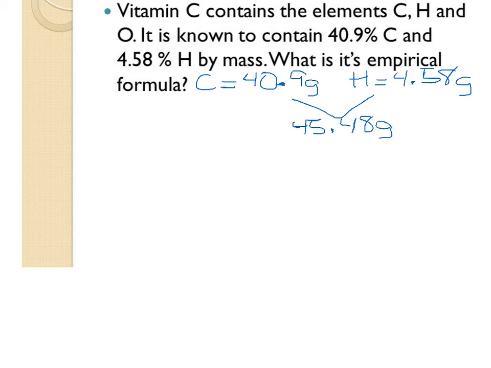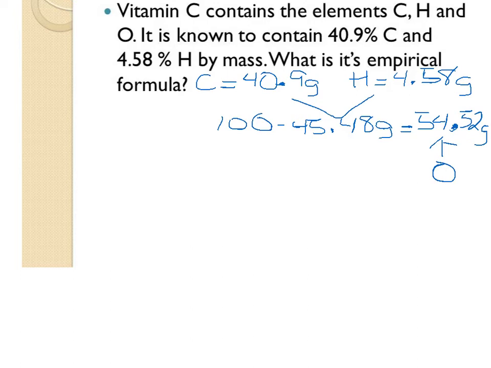Remember, we assume that we have a 100-gram sample, so that means oxygen will have to be the difference between this and 100, which will make our oxygen equal 54.52 grams. That was a horrible decimal point. So that is our oxygen.